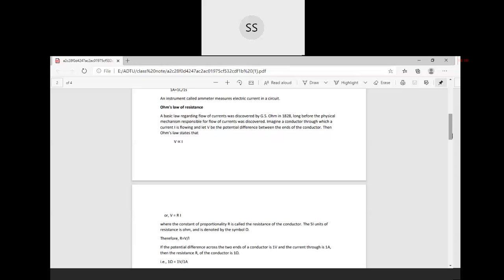A basic law regarding flow of current was discovered by G.S. Ohm in 1828, long before the physical mechanism responsible for flow of current was discovered.